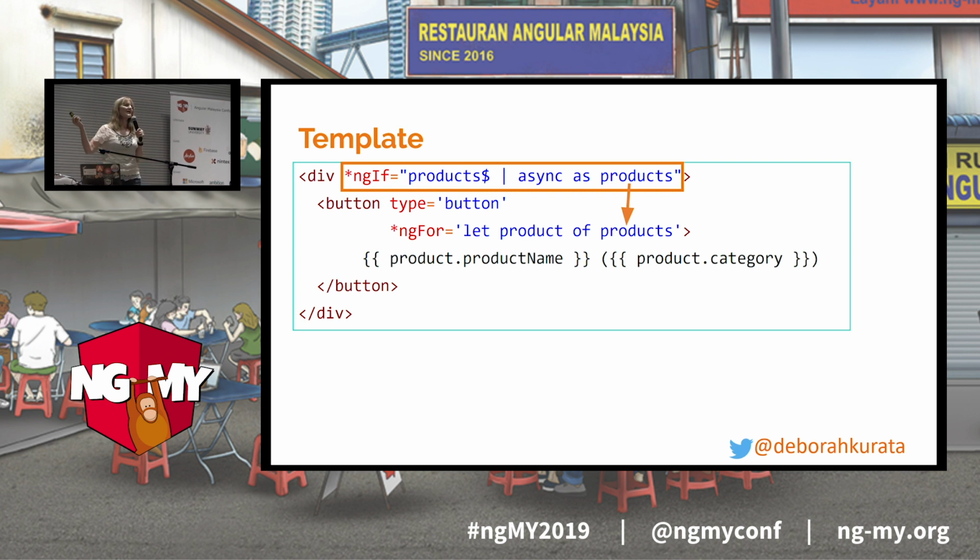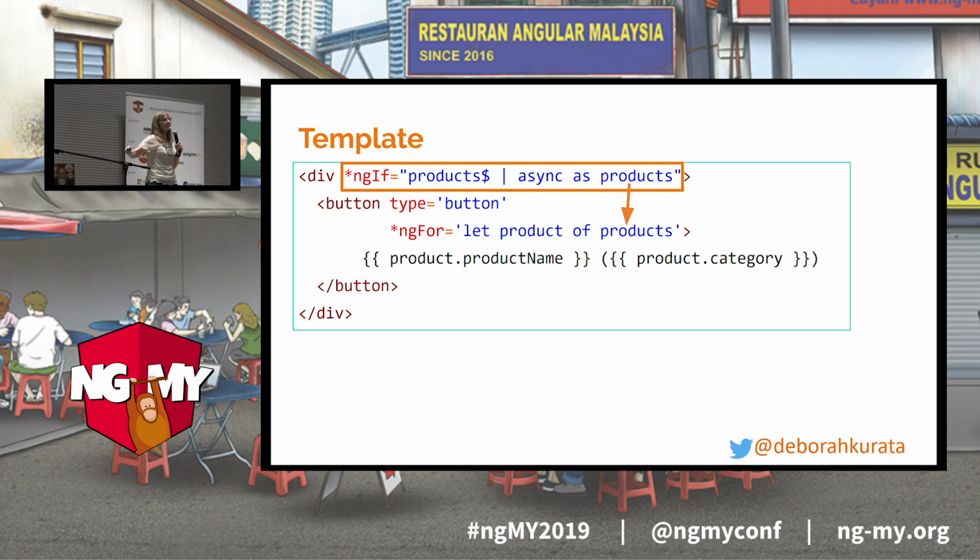So when the data is returned from the HTTP get, the products$ in our service emits the array of products. Our component then emits that array of products to our template, and our template assigns it to that products$ variable that we can then use anywhere else in our template.